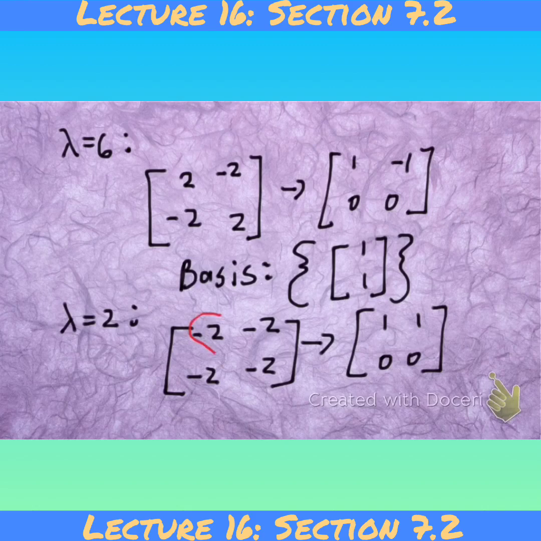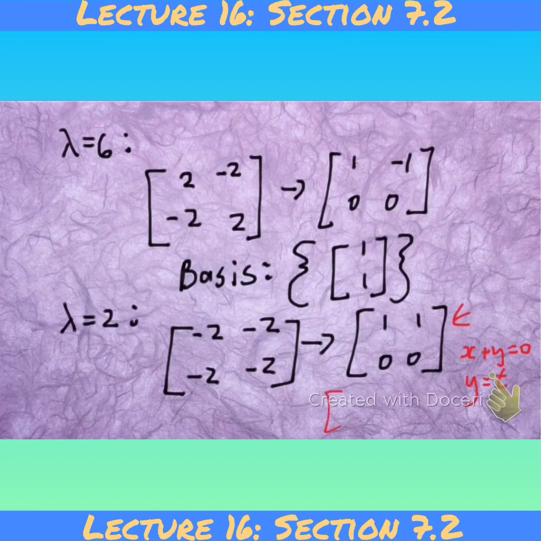On the diagonals here you've got lambda equals 2, which is 2 minus 4, so you get minus 2 and minus 2 on the diagonal. Then again we look at the null space of that matrix, we reduce it to get this matrix here. That corresponds to a system, x plus y equals 0, and we parameterize the variable y.